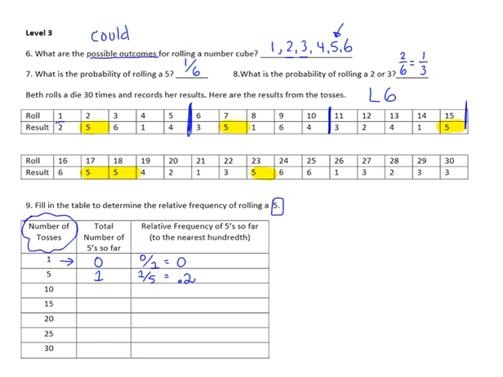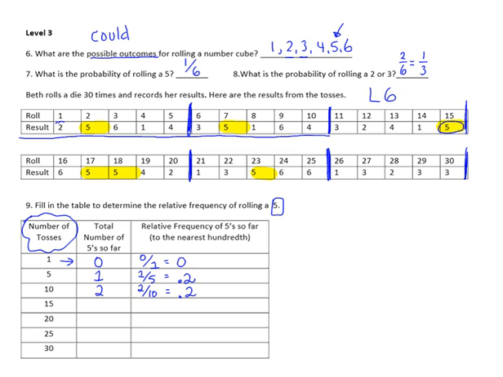So I'm going to draw a line after every multiple of 5. All right, so now I'm going up to 10. So that would include those 2 5s. There are 2 out of 10 tosses, and 2 divided by 10 is 0.2.